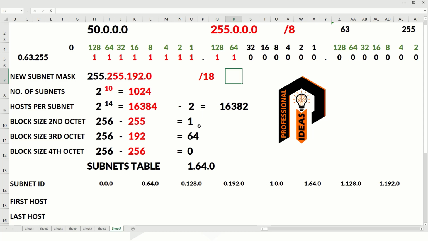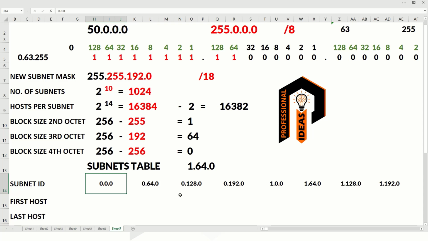For example, if the first subnet is 0.0.0, by adding 64 in the third octet, resulting subnets will be 0.0.0, 0.64.0, 0.128.0, 0.192.0, and the next value will be 0.256.0, which is not valid, so we will remove it. Hence we got 4 subnets for 0 value of the second octet.